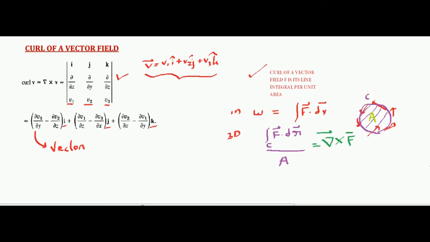The curl of a vector field is the line integral per unit area, given the area is enclosed inside the curve C around which the line integral is calculated. Let us move to understand Laplacian.